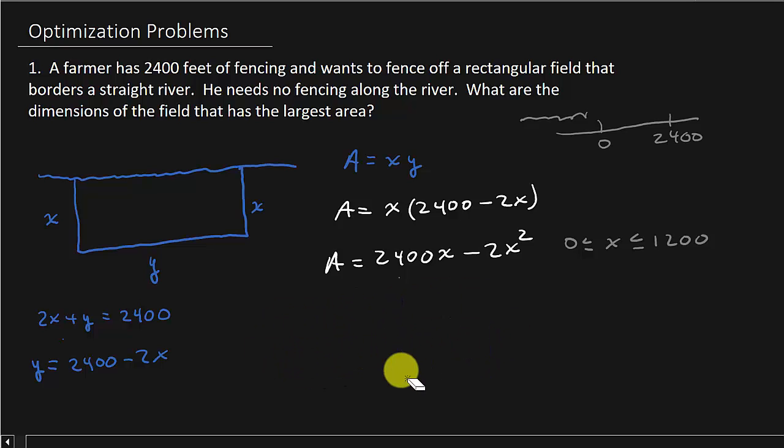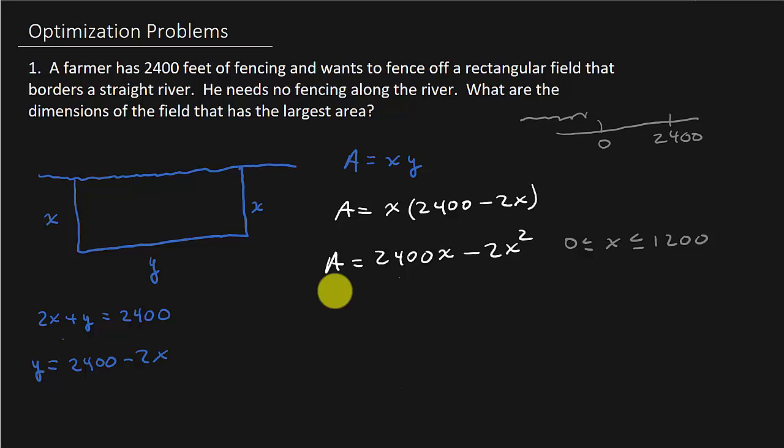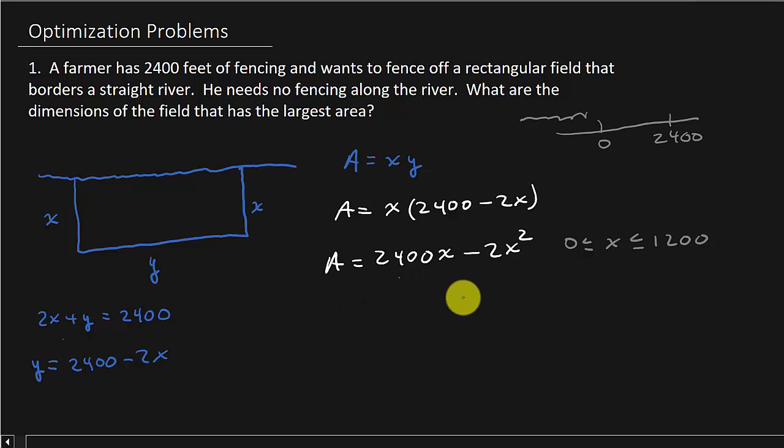So here's my function that I want to maximize. I want to maximize this area here. So we need to take the derivative. I've got A prime is equal to 2,400 minus 4x.